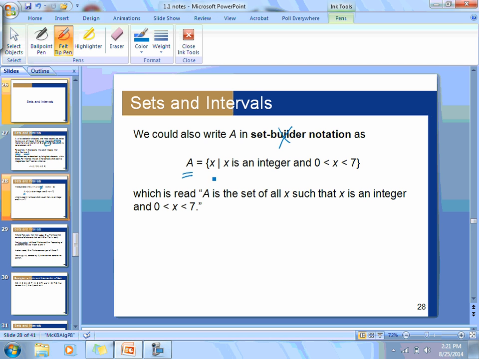Here you have x, and then this vertical line, which is read as the words "such that." So x is an element such that x is an integer and 0 is less than x is less than 7. Everything after the "such that" line tells you what x is. We're going to practice using this set notation more this year, and you're going to get very comfortable writing it.